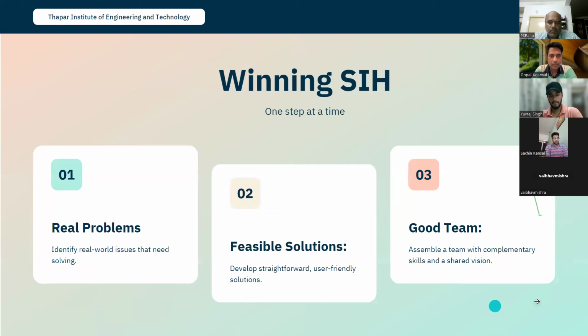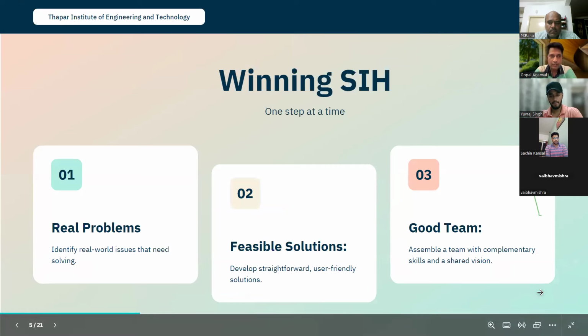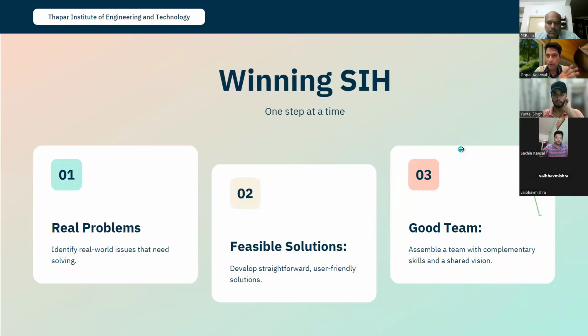All right. So I divided winning SIH into 3 different parts. First of all, you have to find a very good problem statement. If you choose a problem statement that a lot of people are applying to, your chances of winning go down, because a lot of people will have the same solution as what you are developing.